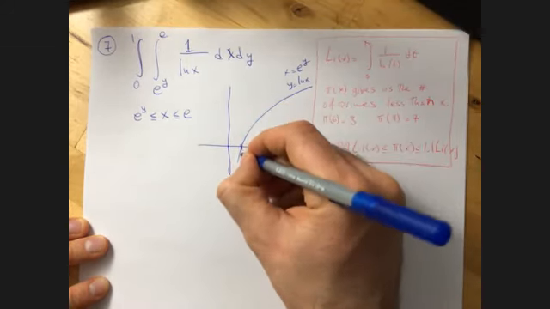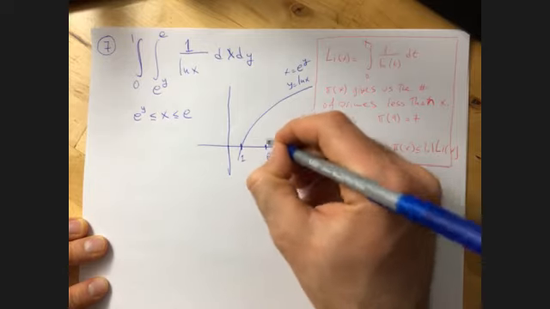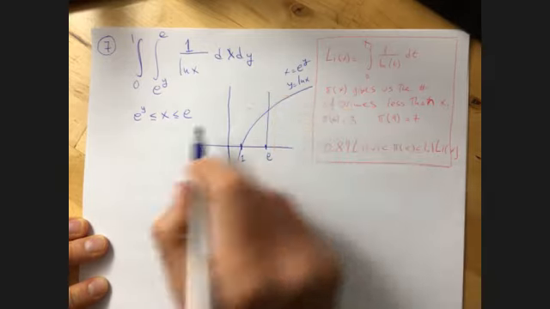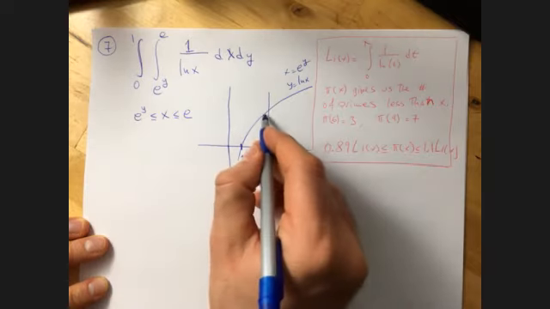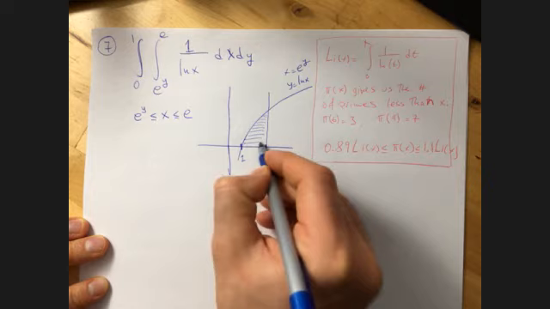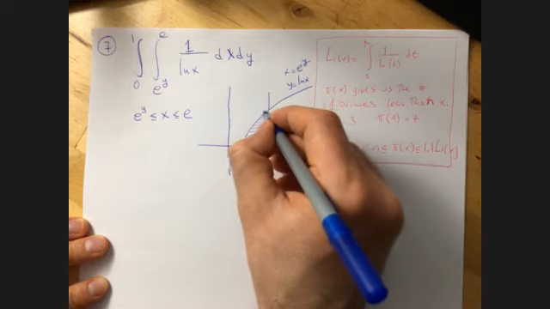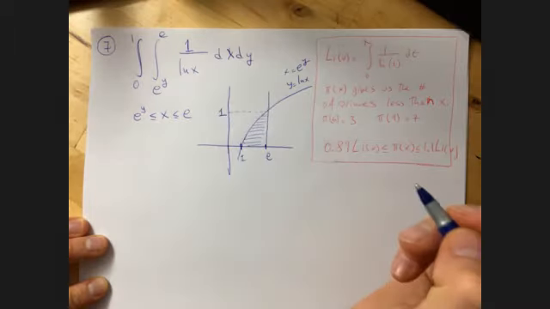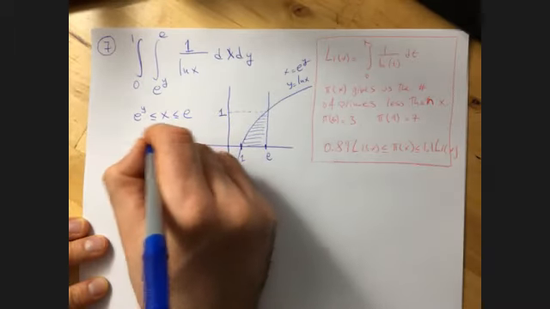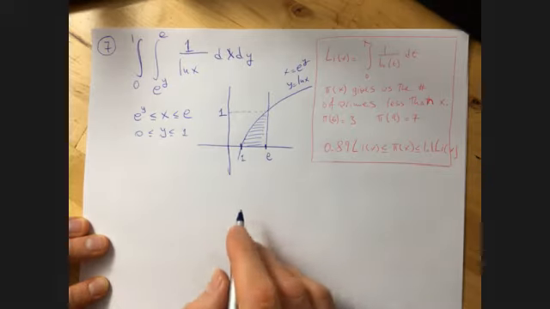Okay, so this is the number 1, and here is the constant e, right? So x is to the right of this curve, but to the left of this number. And how much is this number here? Well, that's ln of e. Ln of e is 1. Okay, and indeed y goes from 0 to 1.